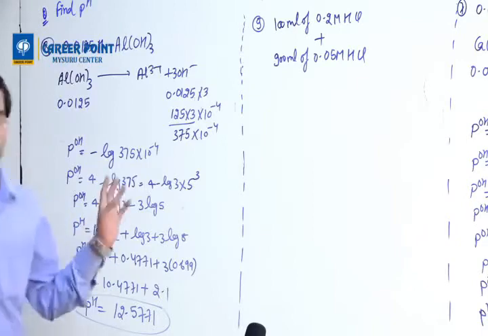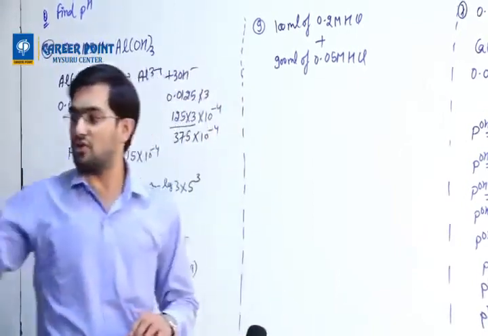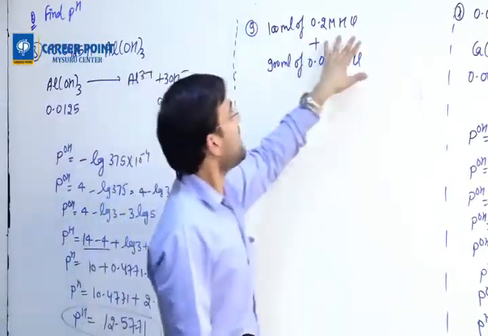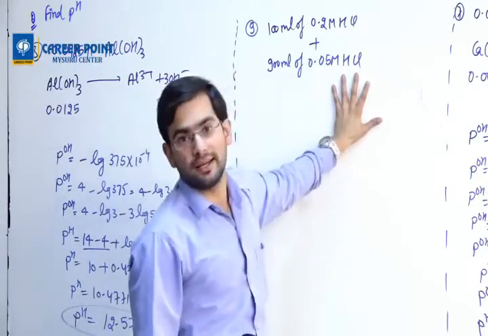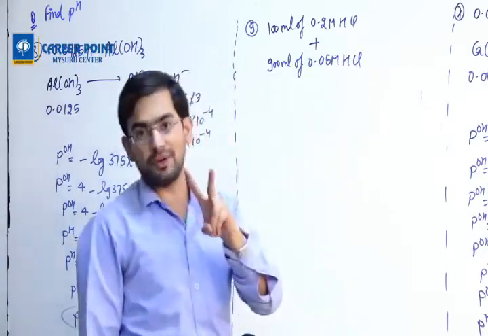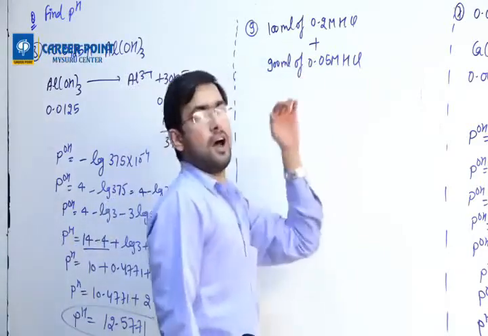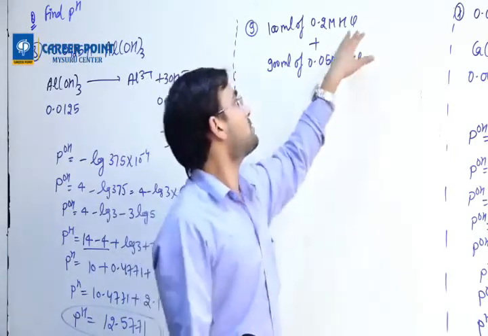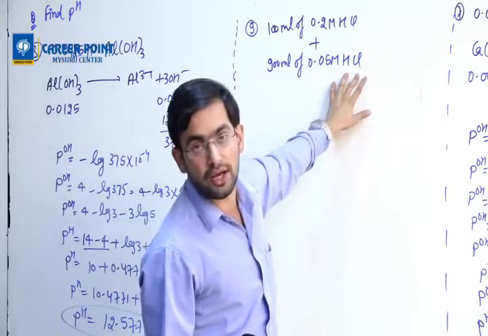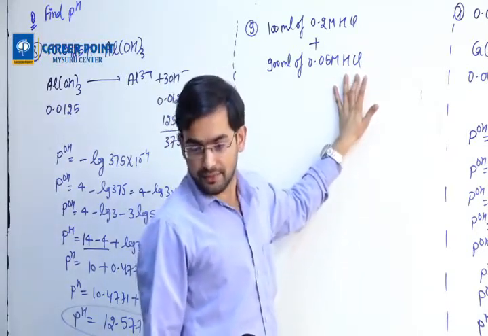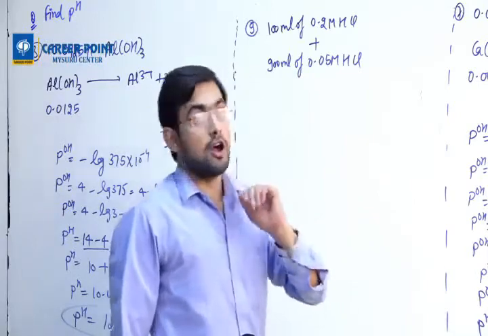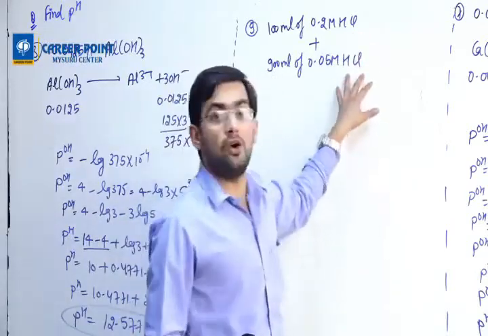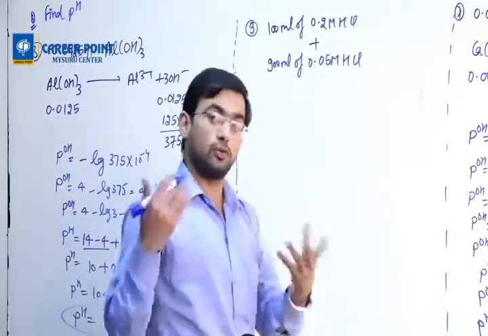Here I am mixing two acids, HCl and HCl. I can mix different acids also, such as HCl and H2SO4. Or mixing could be done for acid as well as base. I could mix HCl and NaOH. Then also there will be a solution whose pH we can calculate.